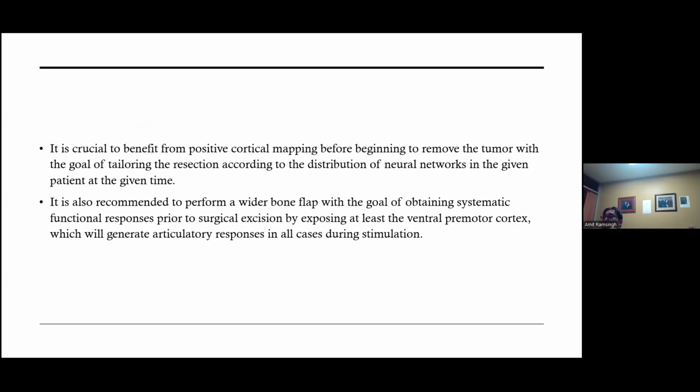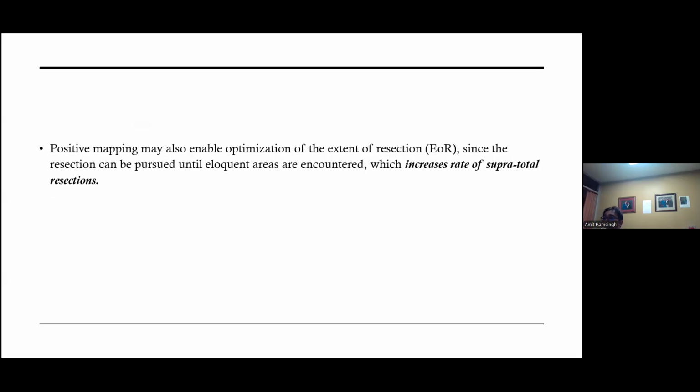It is also recommended to perform a wider bone flap with the goal of obtaining systemic functional responses prior to excision, and exposing at least the ventral premotor cortex, which will generate articulatory responses in all cases during stimulation.